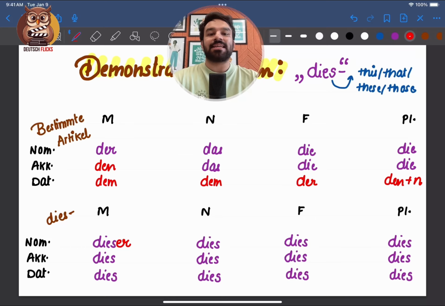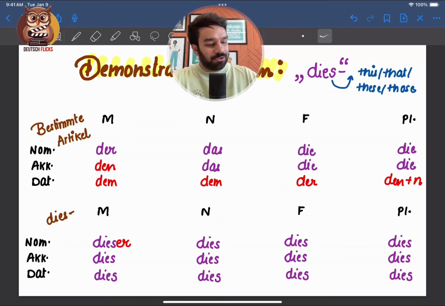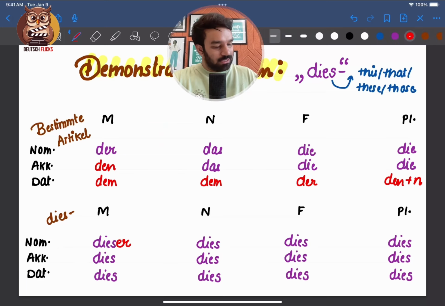So it becomes dieser. Now in the case of neuter, we have as. If I write as here, the pronunciation will be a bit weird, dieses. And most of the time the ending starts with e in German, not a. So let's use e instead of a. And now it becomes dieses. In the case of feminine, we have die and plural die. So we'll take e, diese, diese.